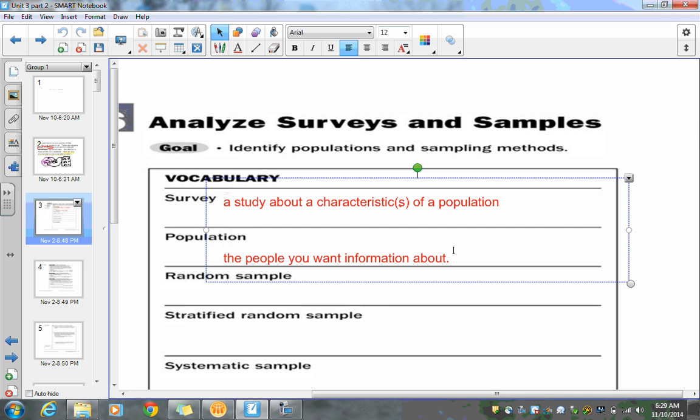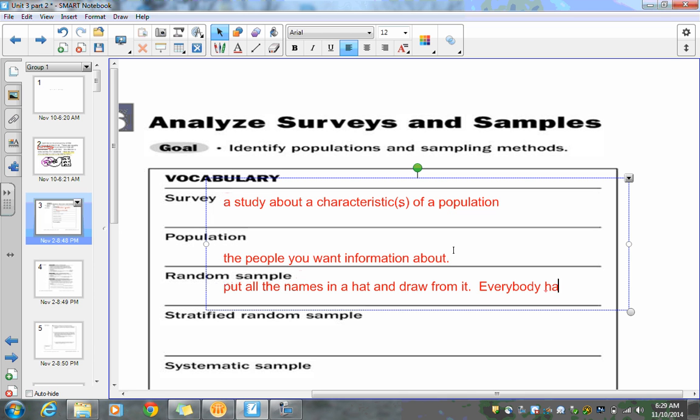Well, if you want to do a random sample, very simply, you put all the names in a hat and draw from it.